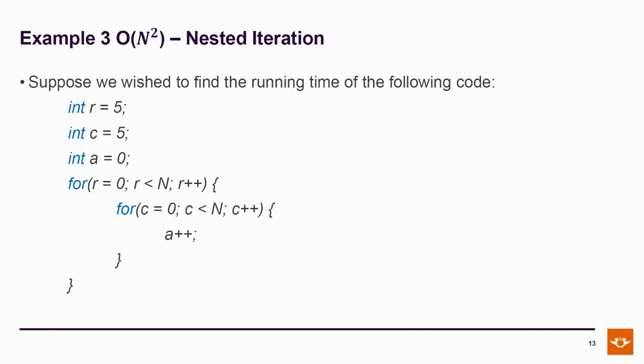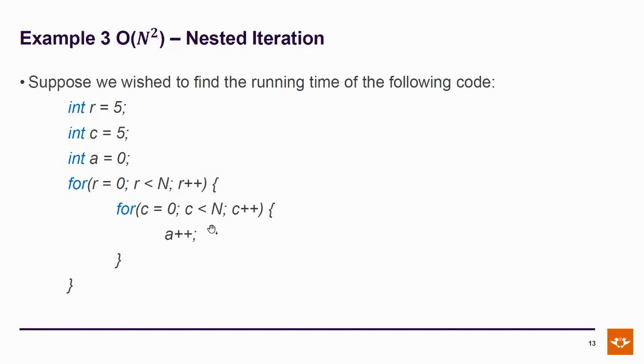So for this, we're going to make a simplifying assumption that if we've got nested loops, they might have two different loop control variables that govern them. In this case, I've made sure that the loop control variable is some value n, maybe it's a constant or something defined elsewhere, but it's the same one here. However, it could be different. You could have int rows and int columns governing them.